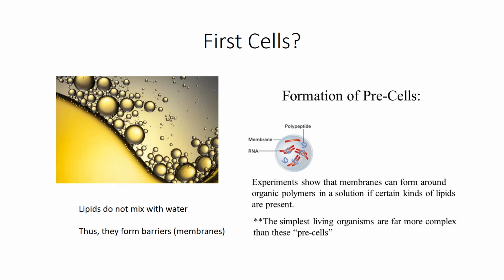RNA is much more fastidious. RNA degrades very fast. So cells that evolved DNA were much more stable and more vigorous, survivable than pre-cells that had RNA only.